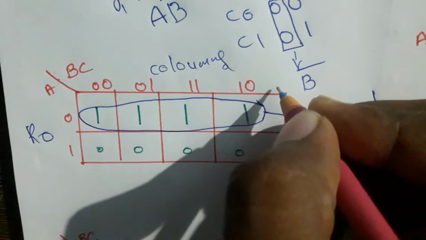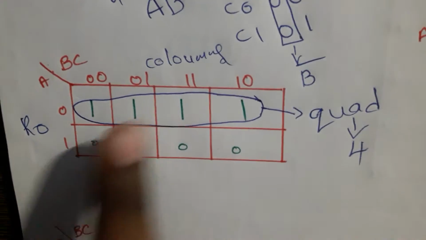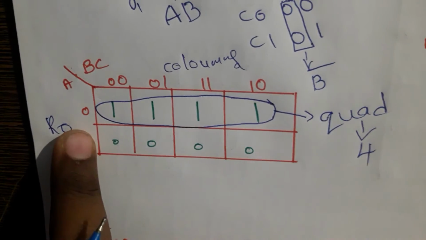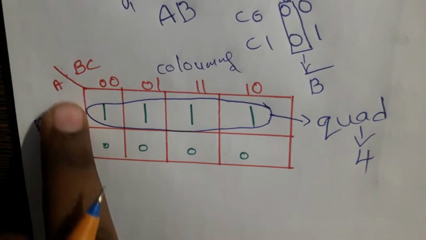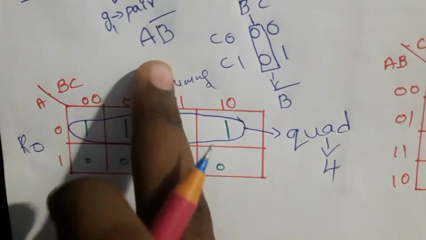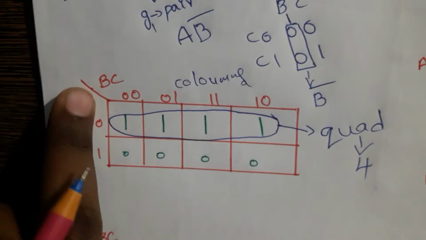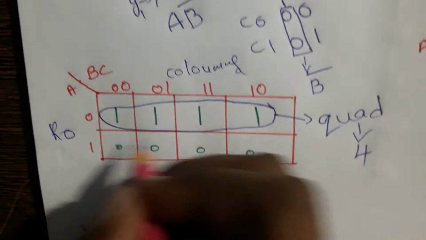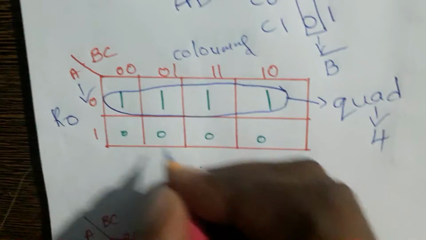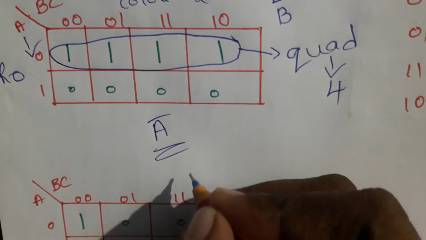Whenever it is covering all columns or all rows, we have to leave that side and take the other side. Here it covers only R0, and the BC side we won't take, we take only the A side. In place of A we are having 0, that means A bar. So the equation is A bar.